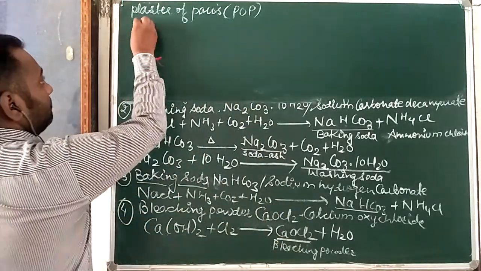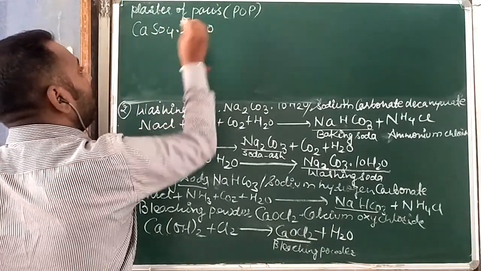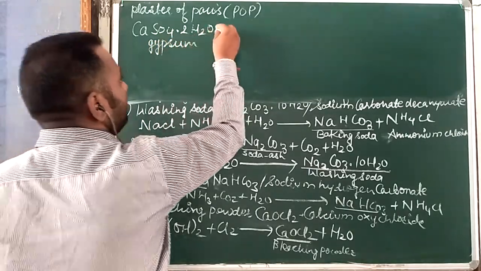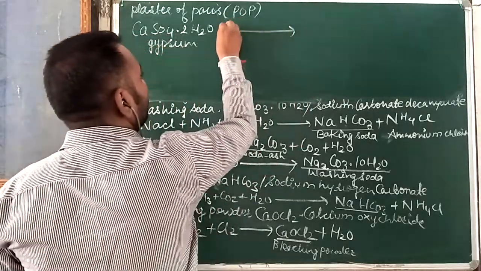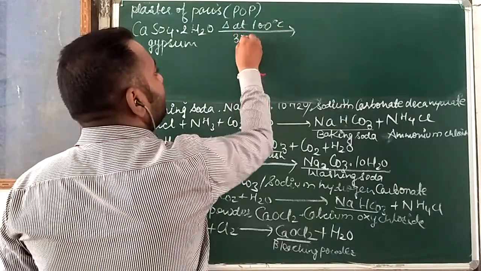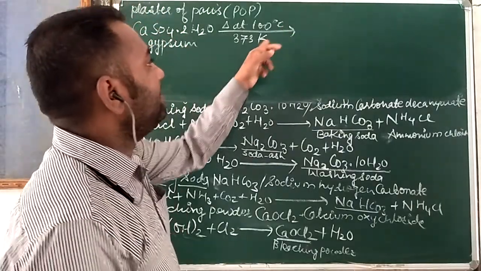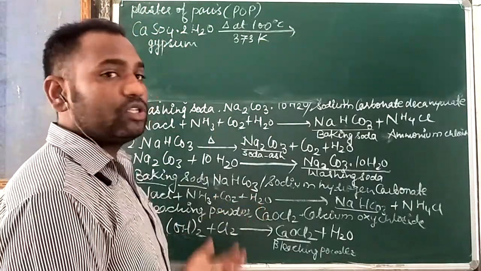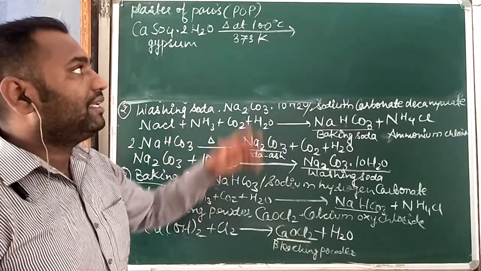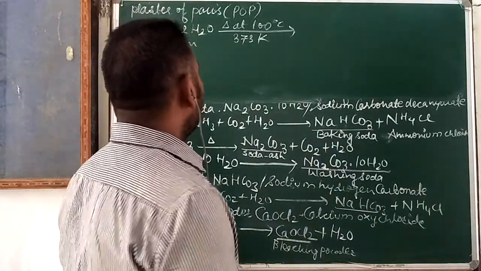CaSO4·2H2O is known as gypsum. When heated at 100 degrees Celsius or 373 Kelvin, both are the same, one written in Celsius and one in Kelvin scale, because 273 Kelvin is 0 degree Celsius, and 373 Kelvin is 100 degrees Celsius.